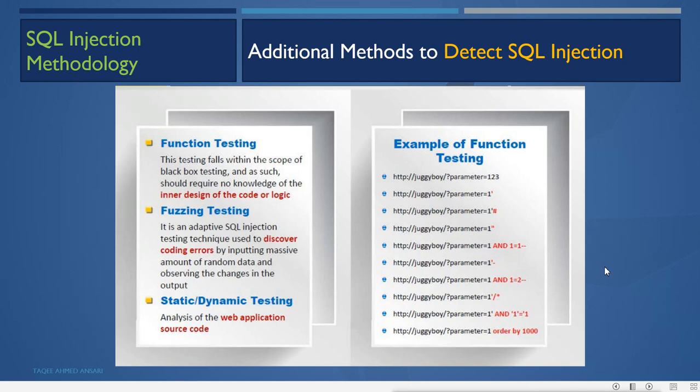Then static and dynamic testing is the analysis of the web application source code. Examples of function testing are where you manipulate the parameters in the URL and try to input the query strings there.